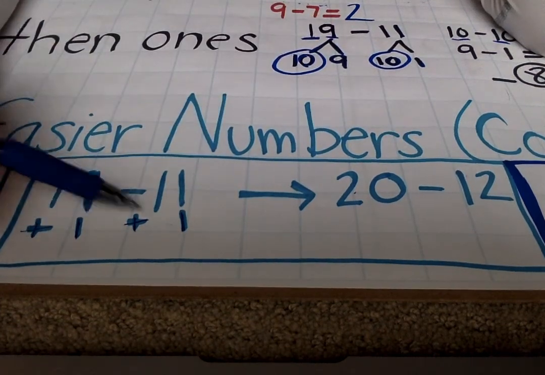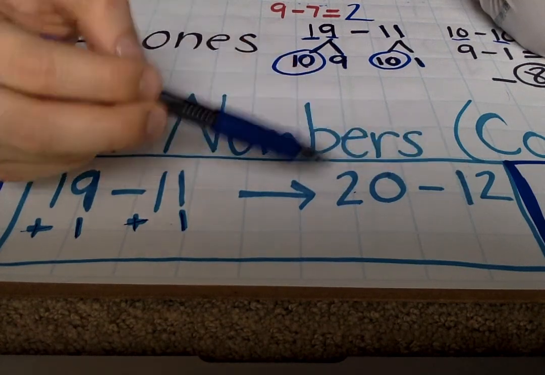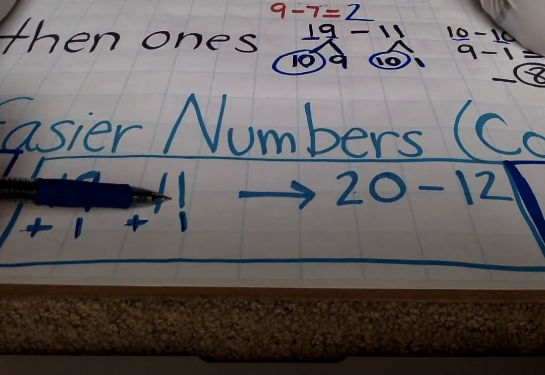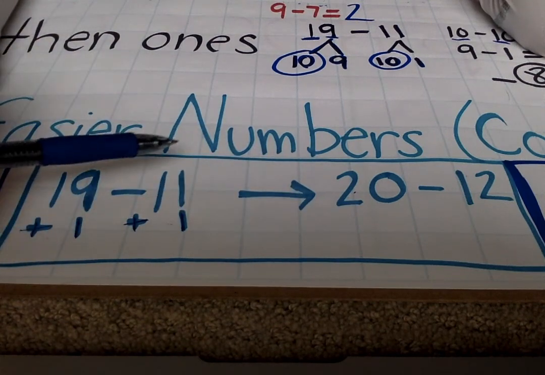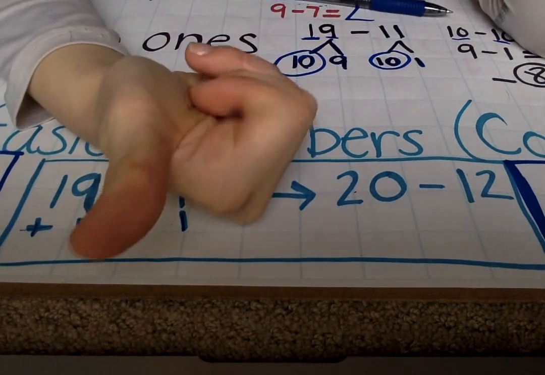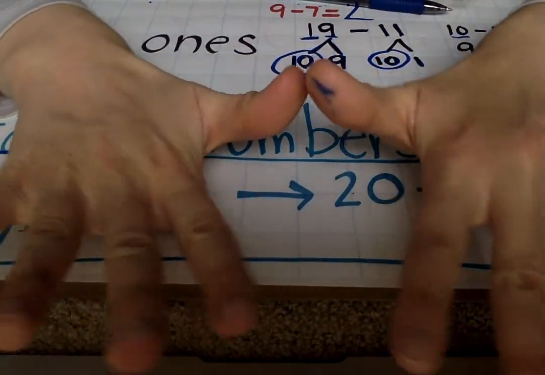So I balanced there because 20 minus 12 is the same distance between each other as 19 minus 11. And the answer to both of these problems is 8.